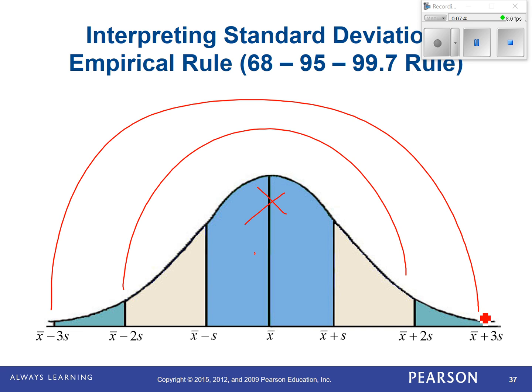And you can notice all you do is you take the mean and you add a standard deviation to go out that far. Then you take that number and you add another standard deviation. You take that number and add another one to get out to your third one there. Each time we go out 3 standard deviations away from the mean on the right and on the left.